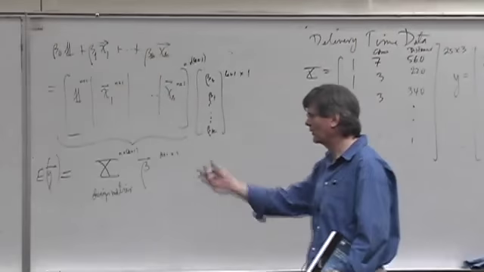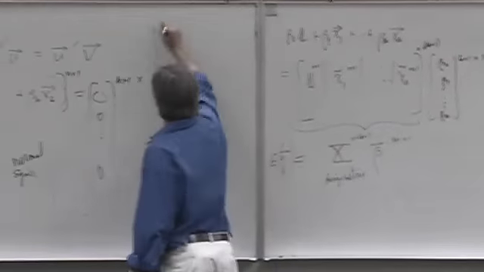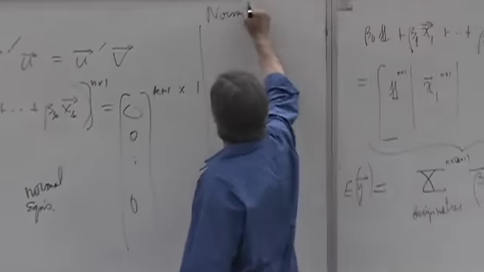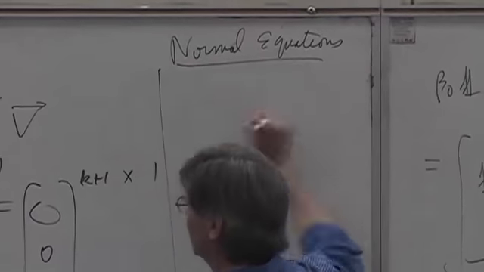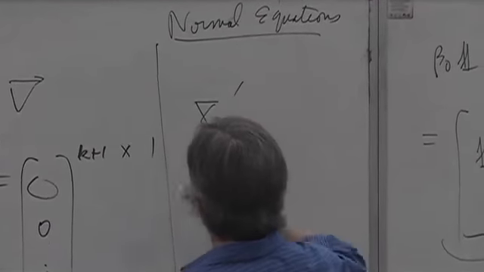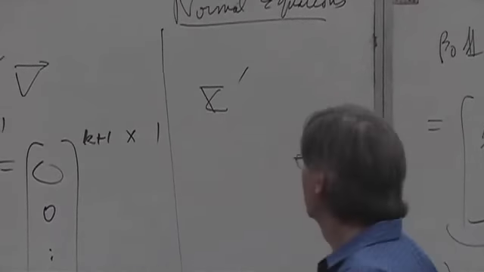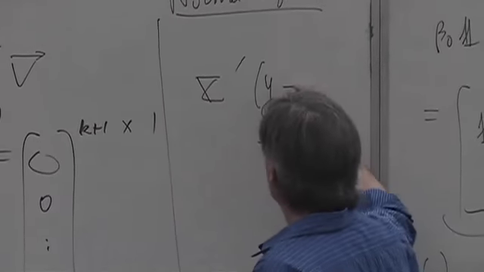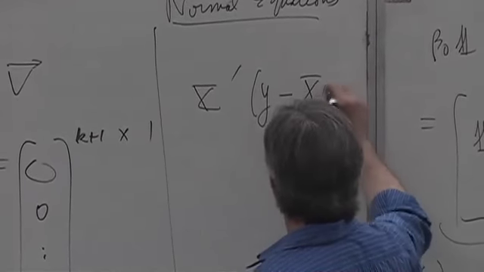Okay, so how do I solve these normal equations? Now I claim I have the normal equations as follows. They are written finally as X prime times (y minus X beta hat) equal to 0. You'll see this is a lecture right out of the linear algebra course.